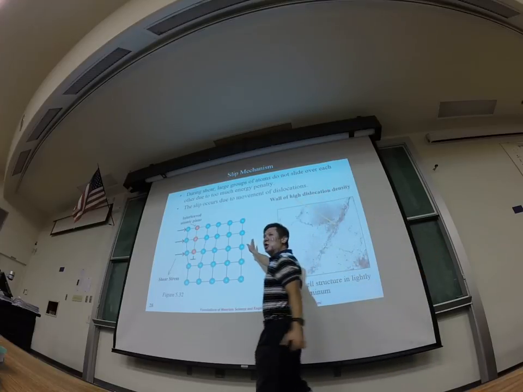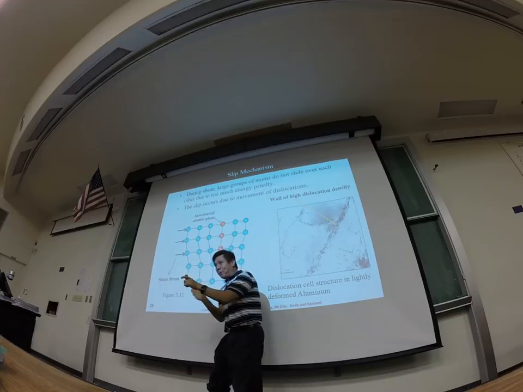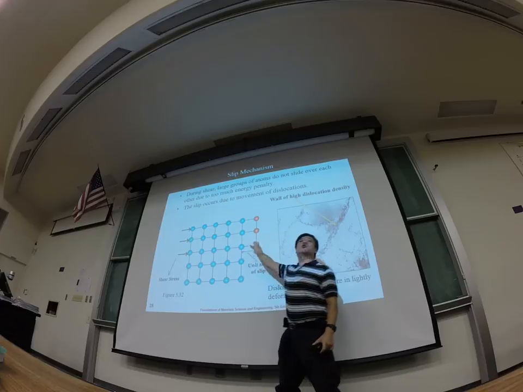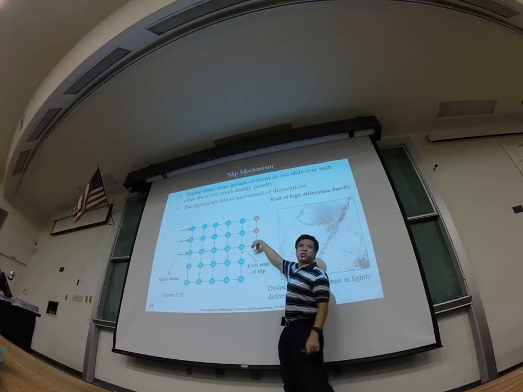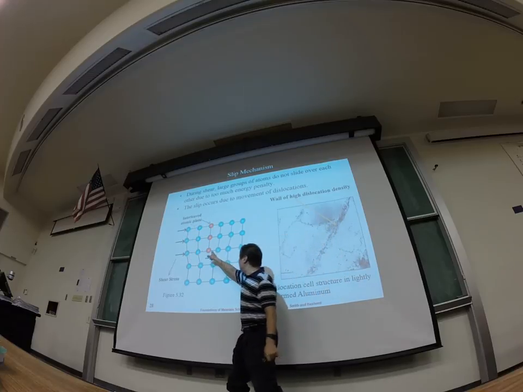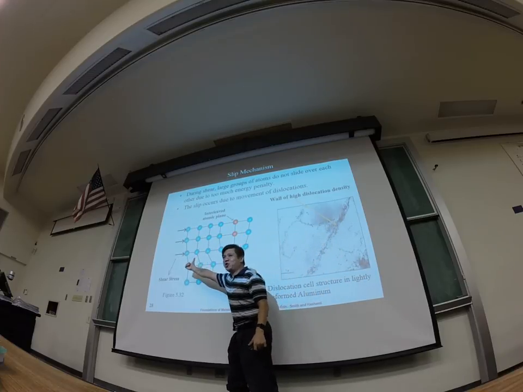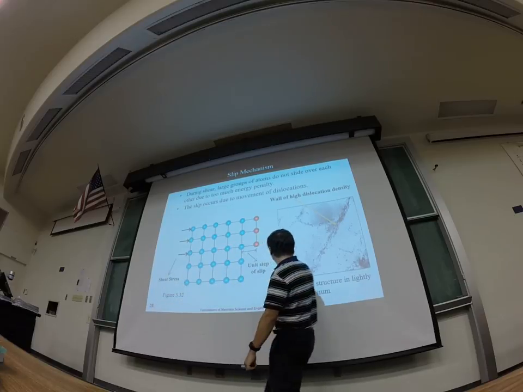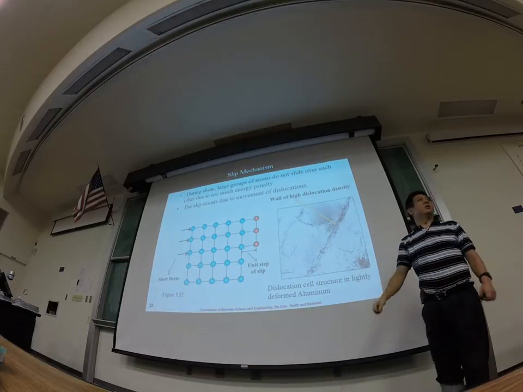But in this case, only those defects are moving across when you push the sample. In this case, it's edge dislocation. Remember, chapter 4, when we talked about that one? These are the edge dislocations. The edge dislocation will move across the sample. That will lead to the formation of this slip band.